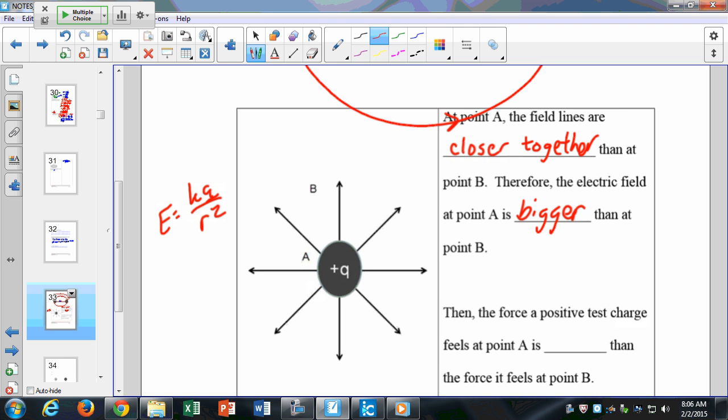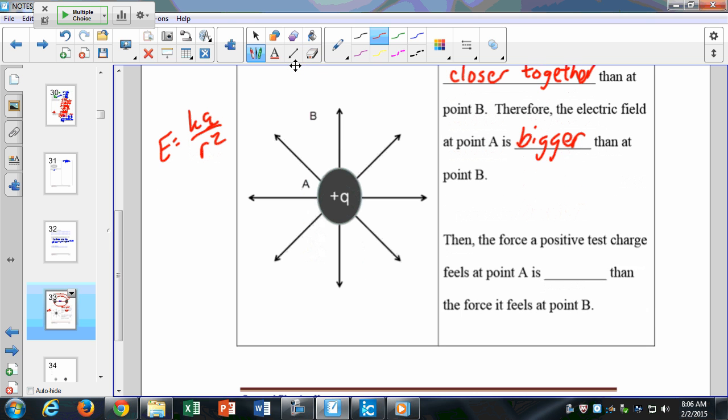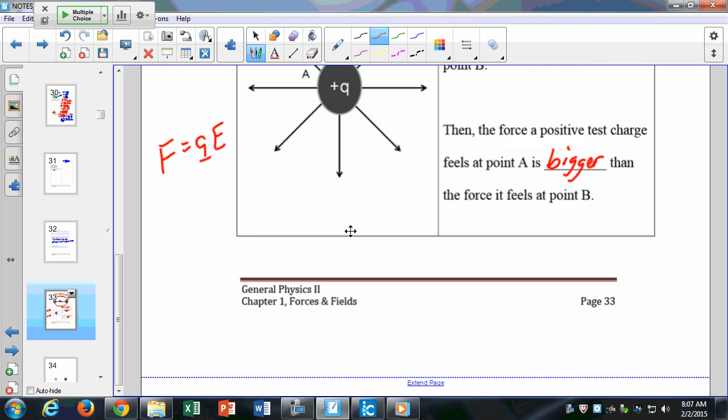If the field lines are closer together or more dense, then the field is bigger. So then the force that a positive test charge feels at point A is bigger than the force it feels at point B. And this comes back to our force being linearly related to our electric field. We define our electric field on the force. So whatever the electric field does, our force also does.